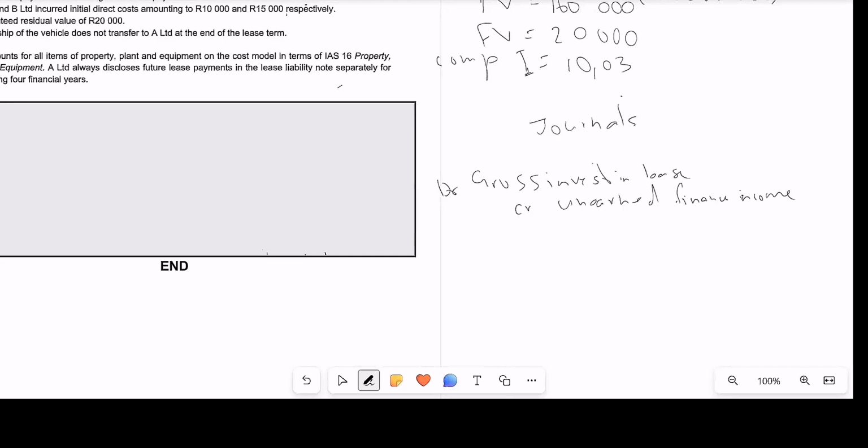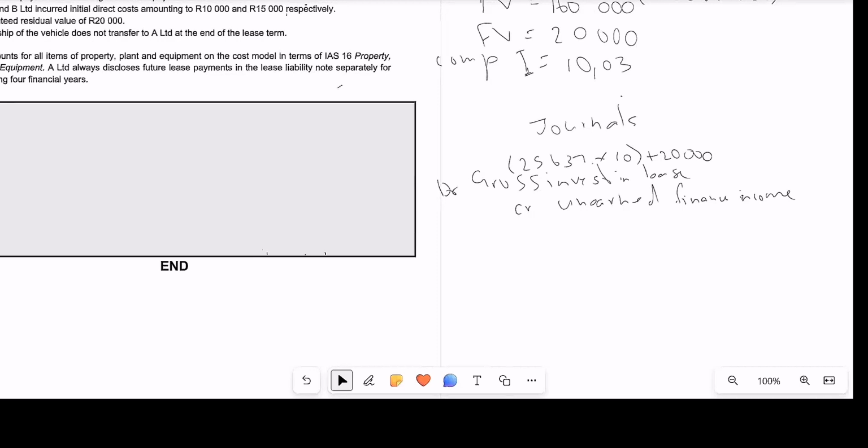Okay, let me first calculate this so that I can have sufficient space. So this is going to be the payments, the 25,637 times 10 years. Then we're going to add the guaranteed residual value to that. So it's going to be 10 plus the 20.